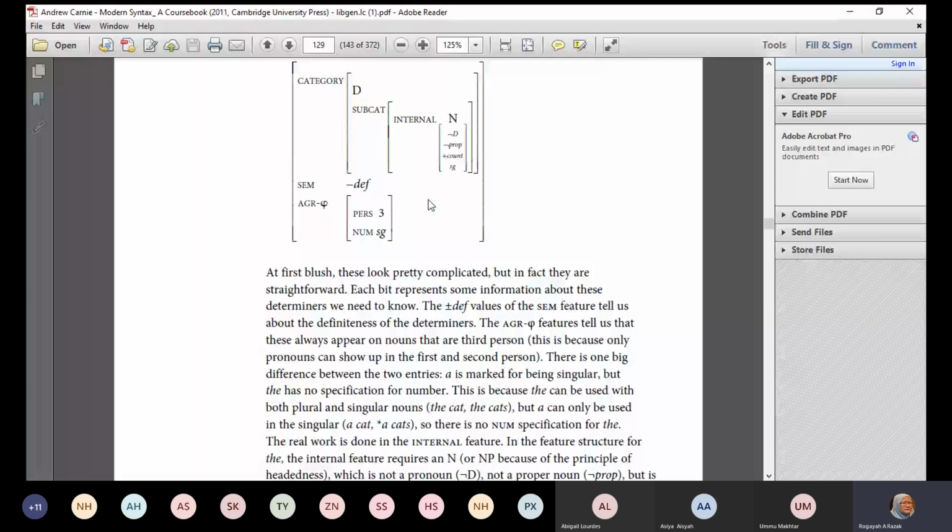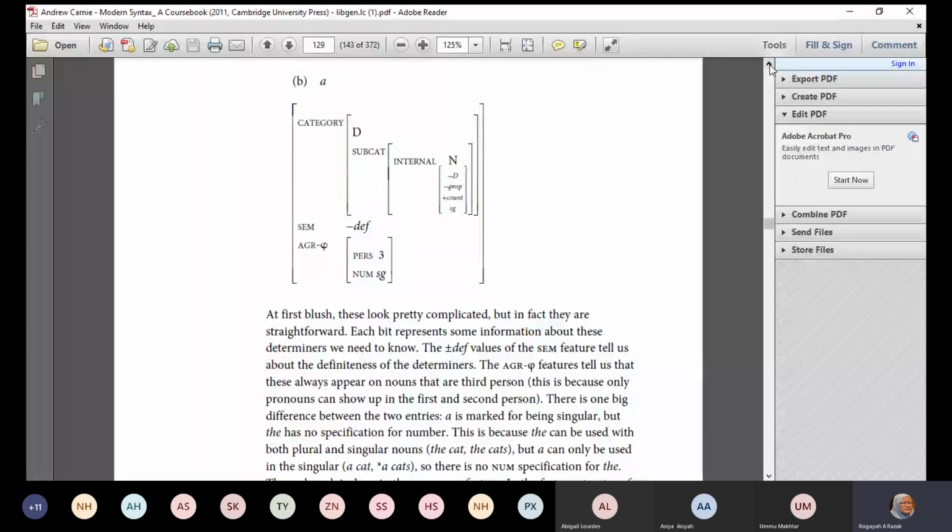Each bit represents some information about these determiners that we need to know. The plus and minus values of the definite feature tell us about the definiteness of the determiners. So for a, it is minus definite.